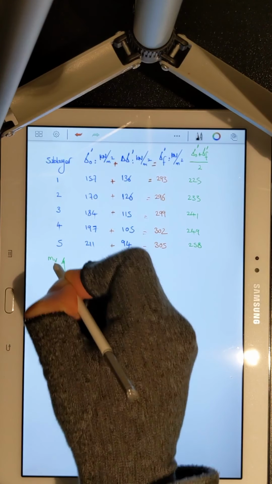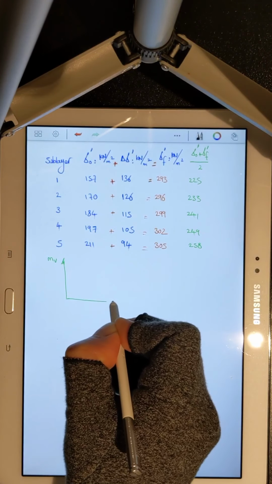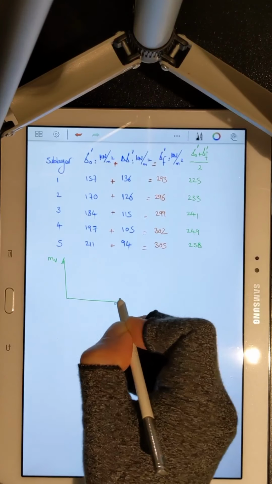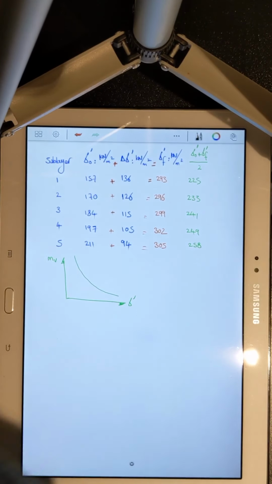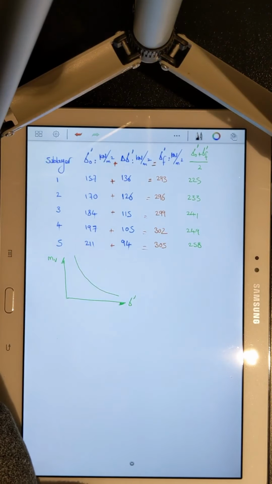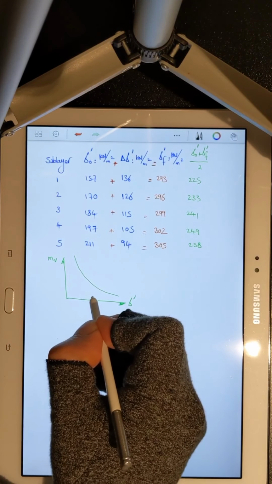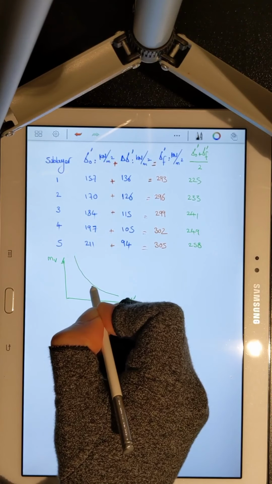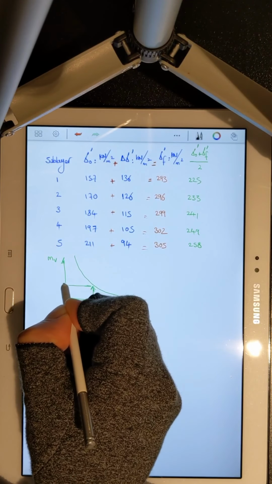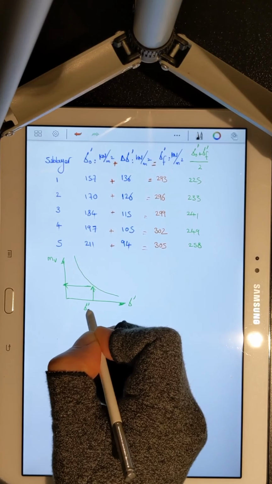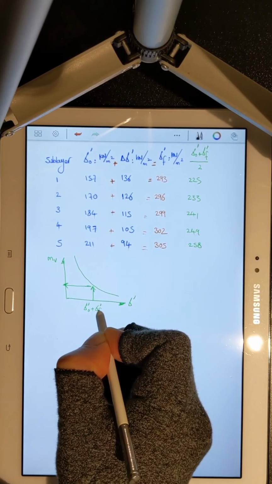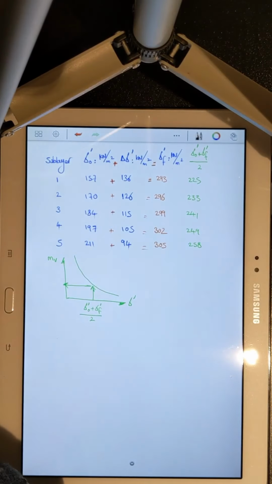Now that I have the average values, I can look into my diagram, M sub v versus sigma dash, or my table, and choose the relevant values of M sub v for each average effective stress.